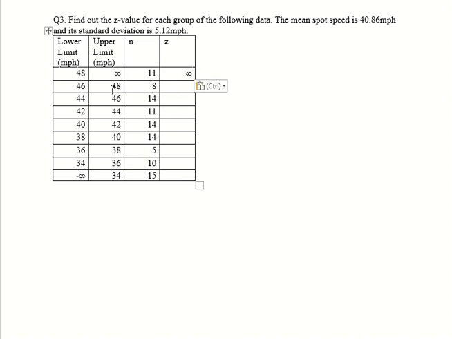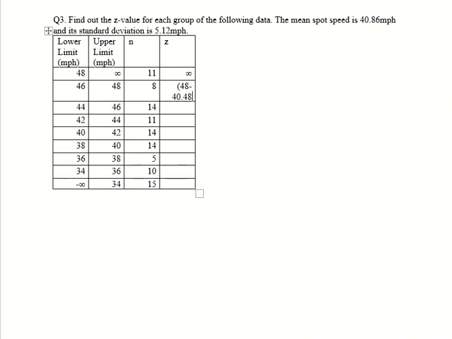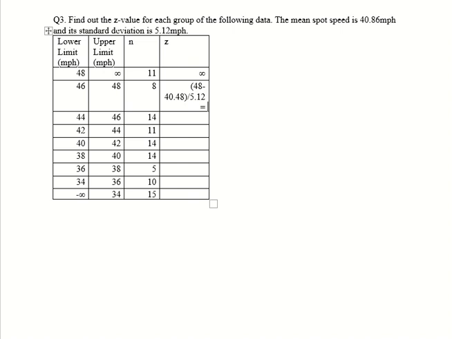In the second case, the upper limit is 48, so 48 minus the mean, which was given as 40.86, divided by the standard deviation, which is this value. This will be done for all the cases. In each case you will just change this number.